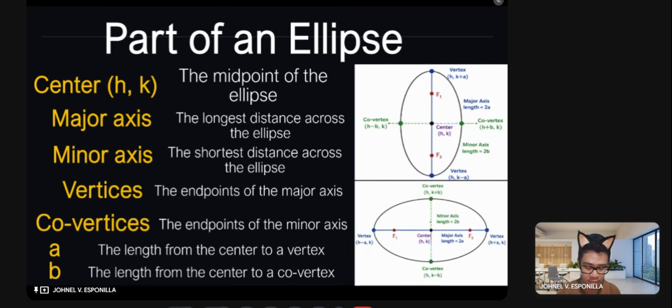So from green or from gitna until the end of this green, so ang tawag po natin dito ay letter B, which is the semi-minor axis. So from co-vertex to another co-vertex, ito ay minor axis. So dalawang semi composed of minor axis. So we will focus on these parts muna.